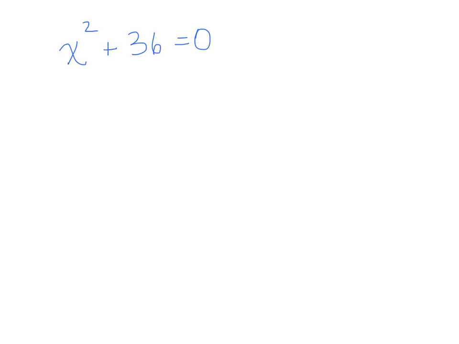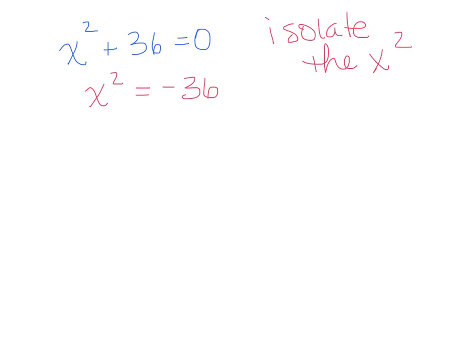We have this method called extracting square roots, where you take a square root of both sides. So x squared would equal -36, because the idea is you have to isolate the x squared, so that then you can take a square root.